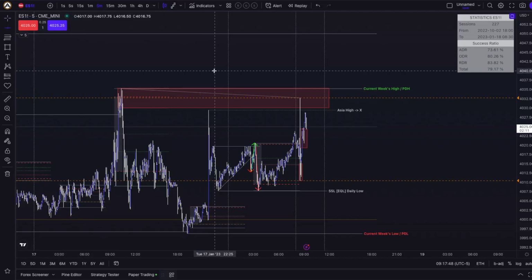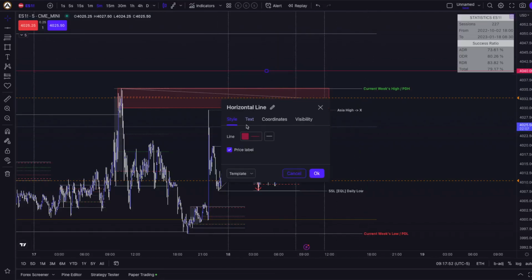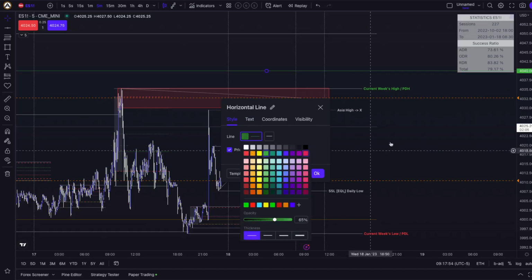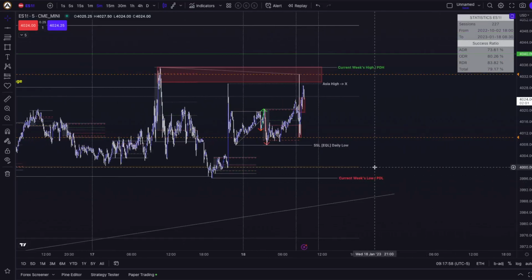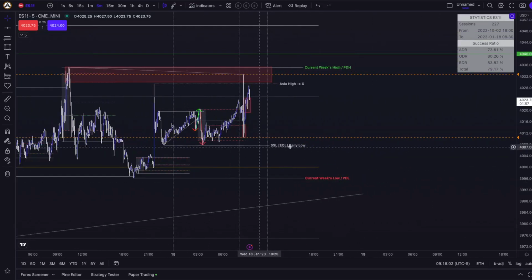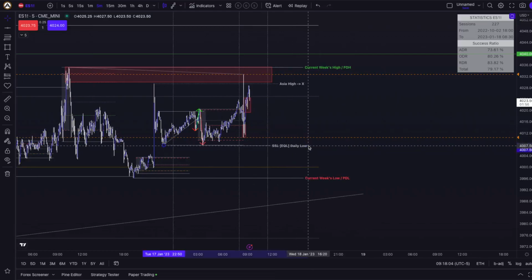So we're going to draw up a horizontal line right here. Let's make this in a green color for buy side liquidity. And if we were short, we could be looking at 40.08, which is basically the sell side liquidity that we also have drawn up earlier below those two equal lows and our current day's low as well.